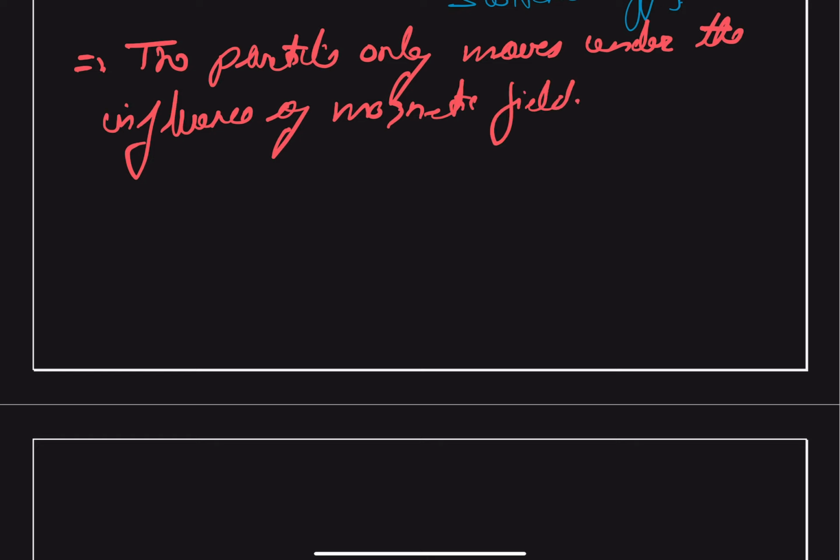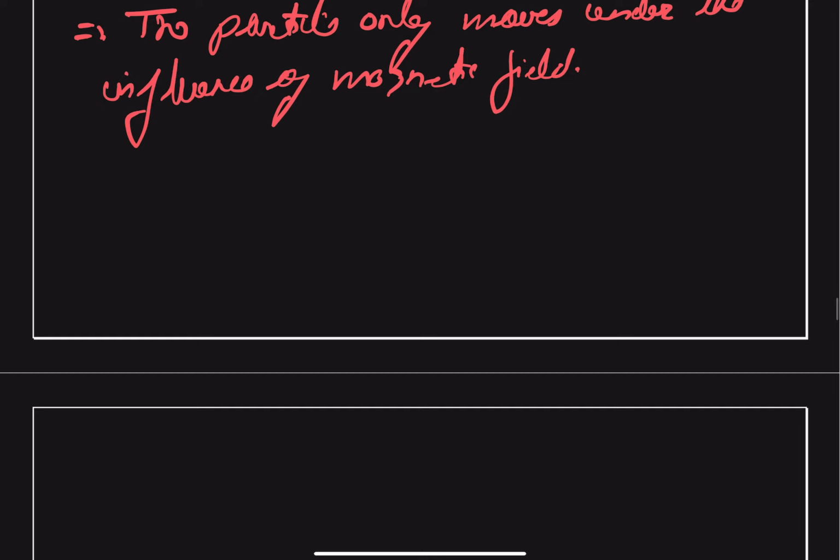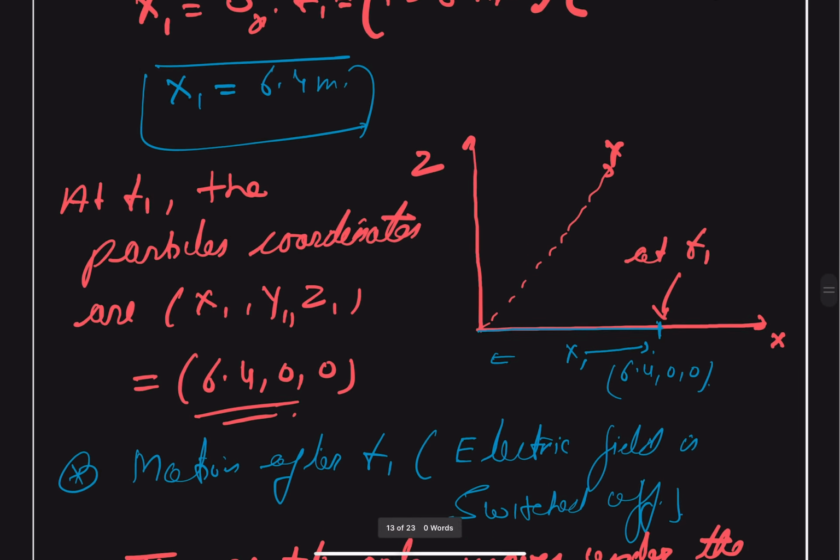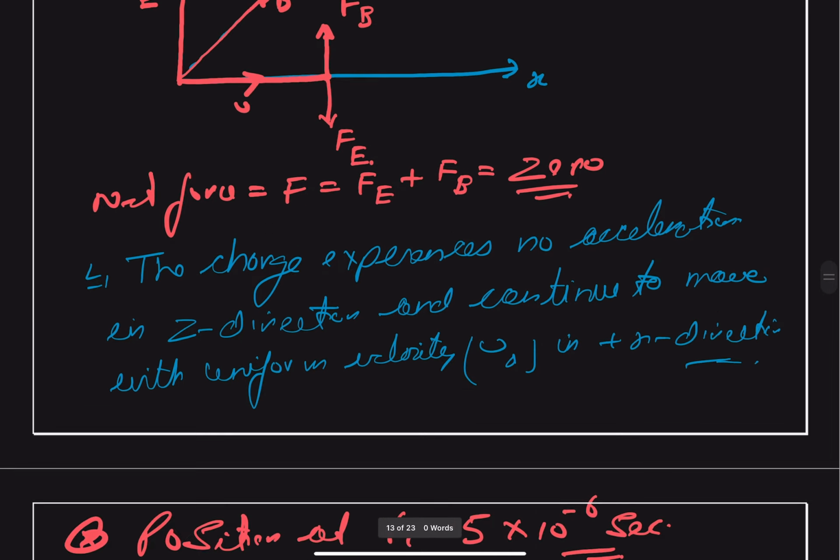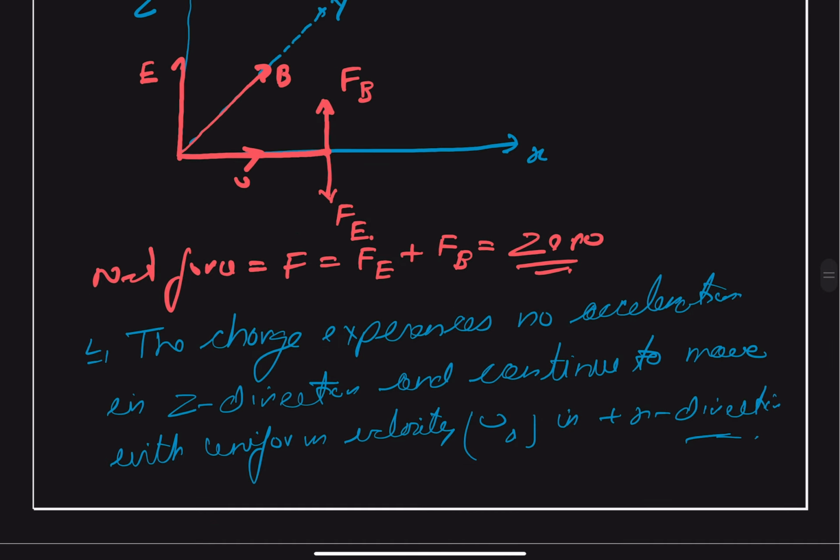Therefore, it will start to move in a circular path, because the magnetic field is perpendicular to the velocity and acting in the upward direction.